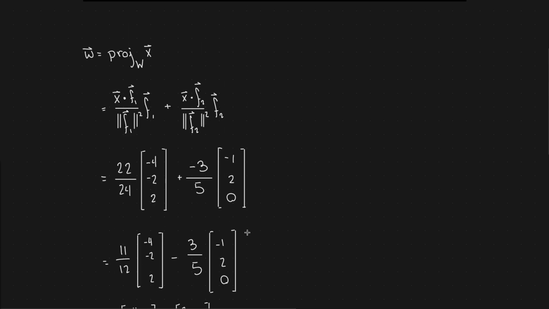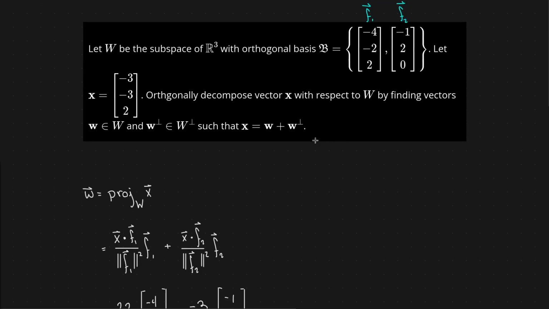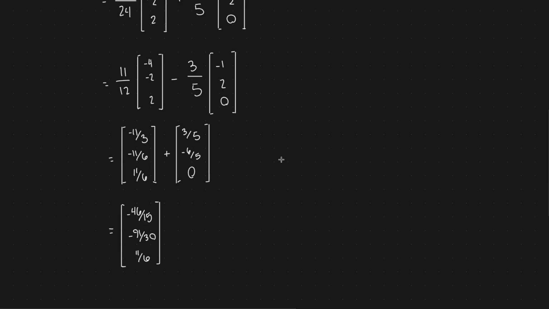Okay, so we have our first vector. We need to define w and w perp. We have vector w. Now we need to find vector w perp. Vector w was the hard part.